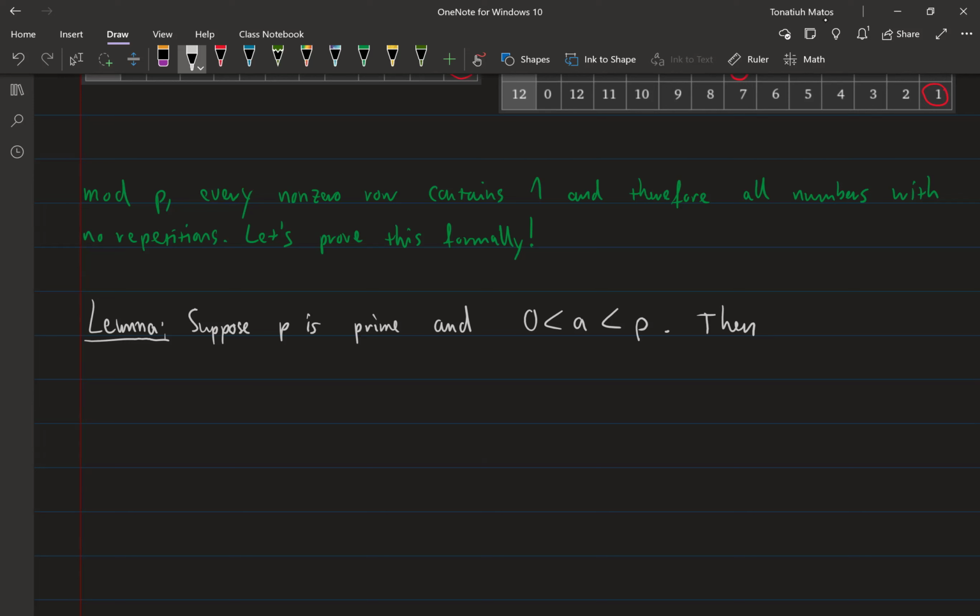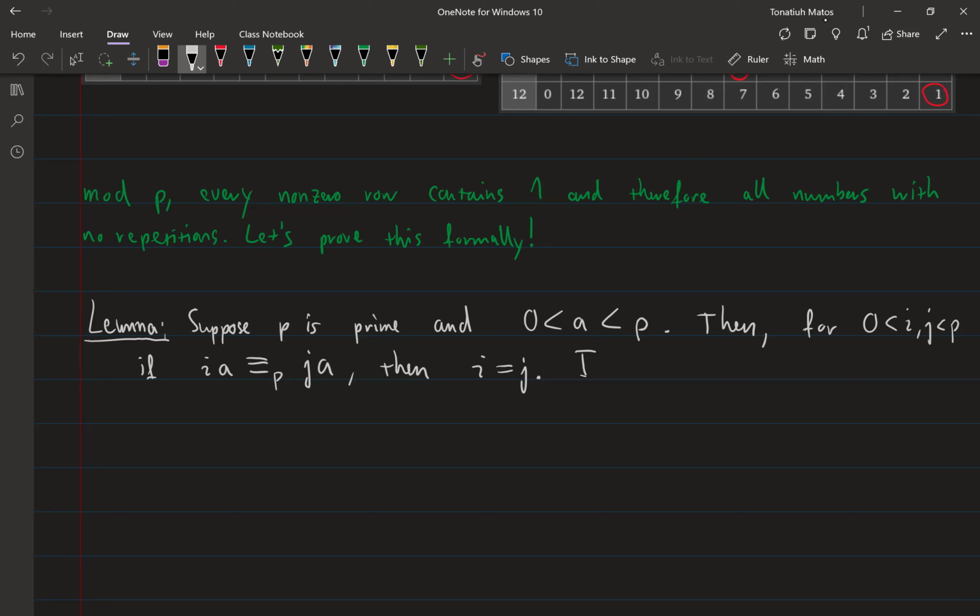So what is my claim, right? For i, j, let's index the rows. So of course I don't care about the 0th row. So we have i, j smaller than P. If iA, right, so this is the ith row, is congruent mod P to jA, then i is equal to j.